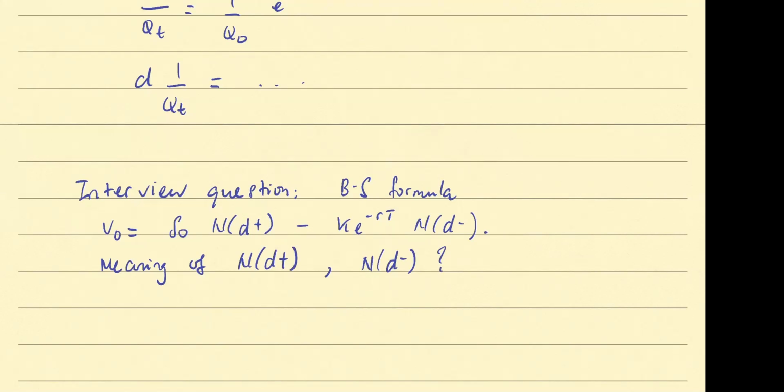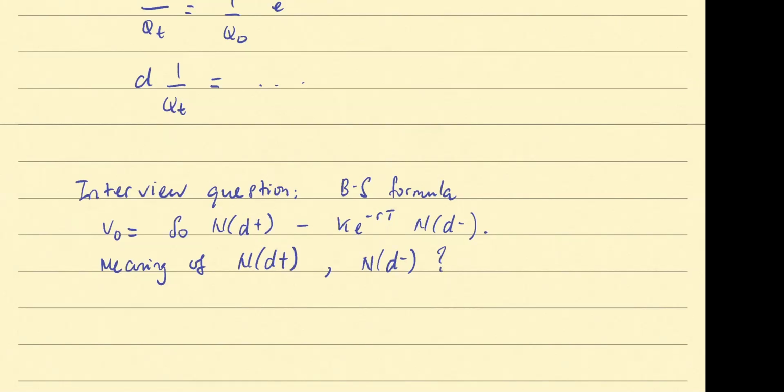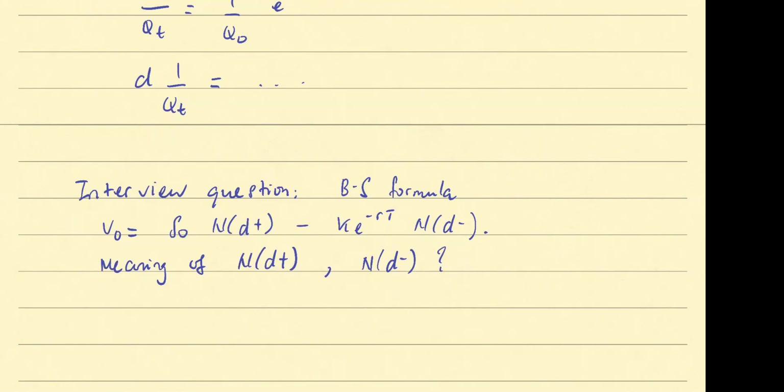Okay, so I know there's a formula for d plus and d minus, and N(d plus) and N(d minus) is basically computing that under the normal distribution. Is that the answer you're giving? That's just a guess that I'm trying. Oh, that's fine. But what you're telling me is how to compute N(d plus) and N(d minus), not the meaning.